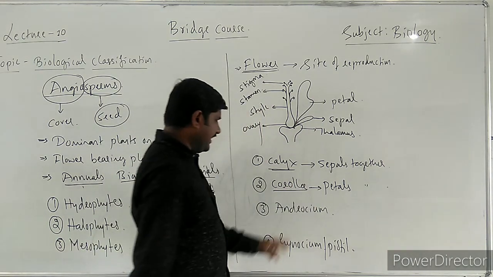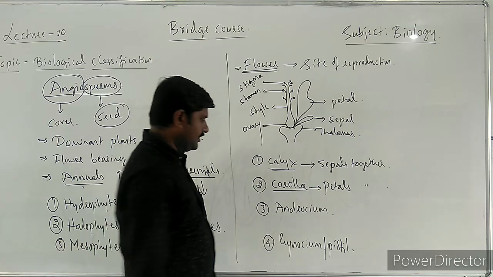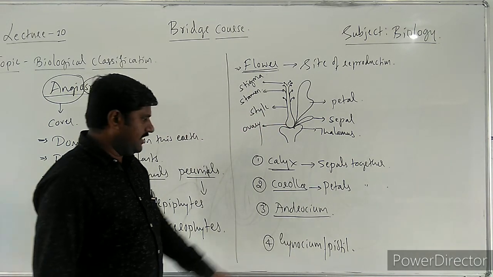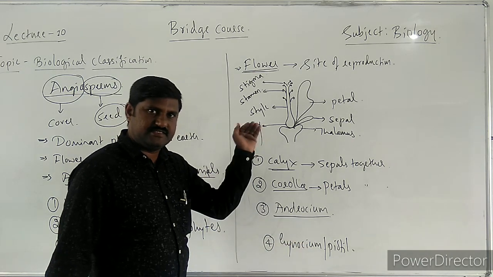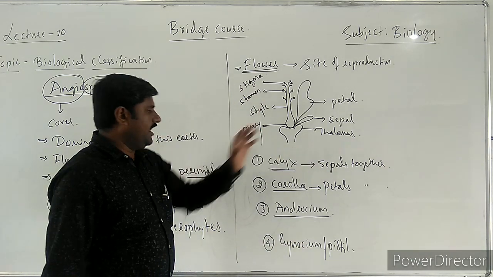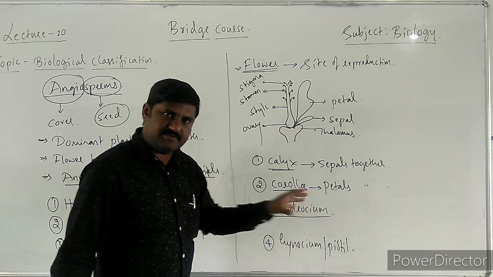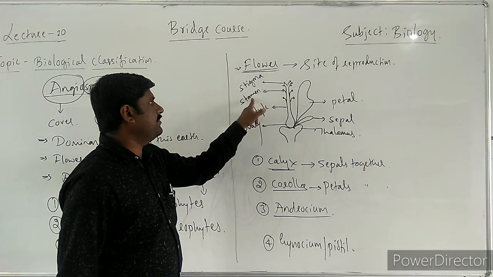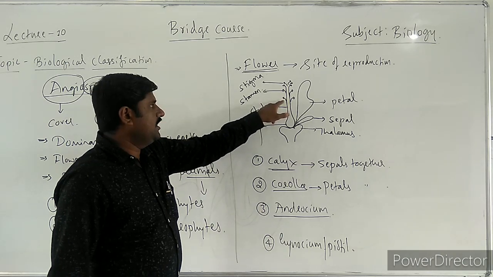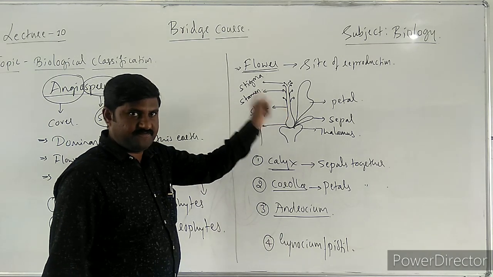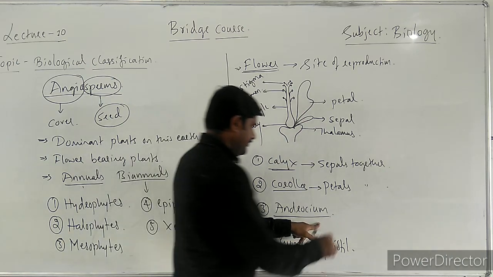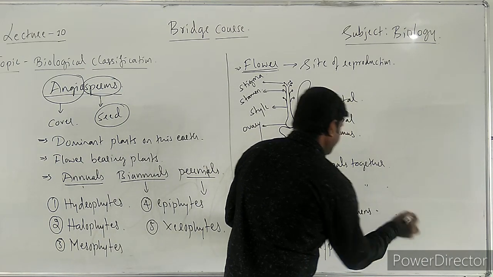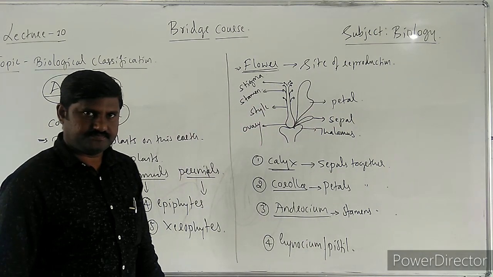Right? And the next one is androecium. This is the male reproductive structure. Andro means it is indicating male. What does this androecium consist of? In hibiscus, you know, there are some stamens present over here, and all these stamens together form androecium. Means stamens together form androecium.